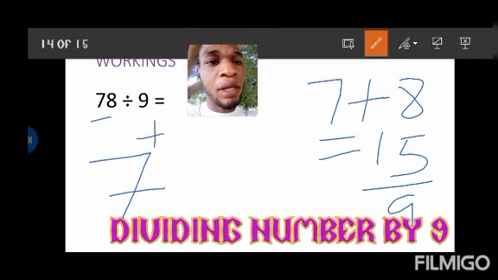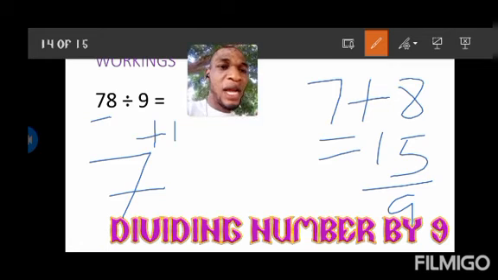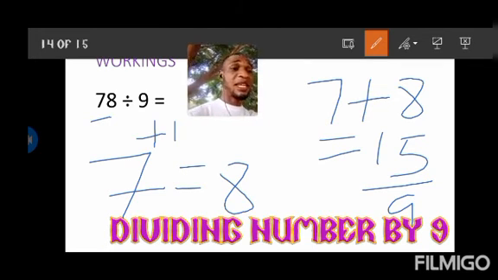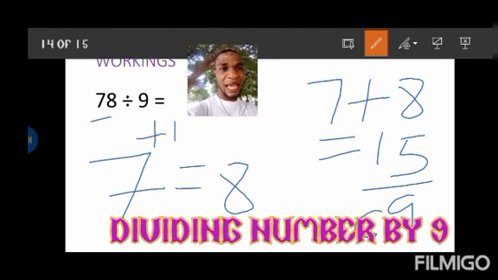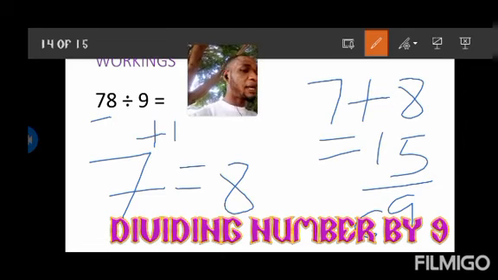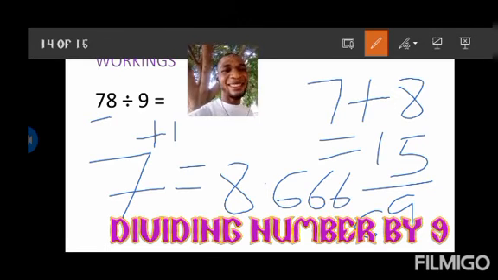So put plus 1. So 7 plus 1 is 8, remainder 6, because 15 minus 9 is 6. Kids, you got it? 6 is the remainder. 9 cannot go in 6, so you put the point and 6. And that is the answer.